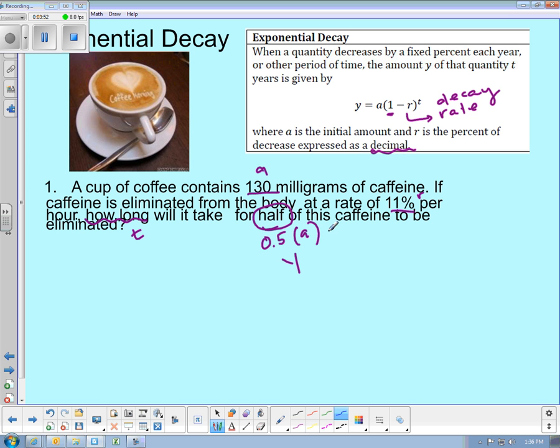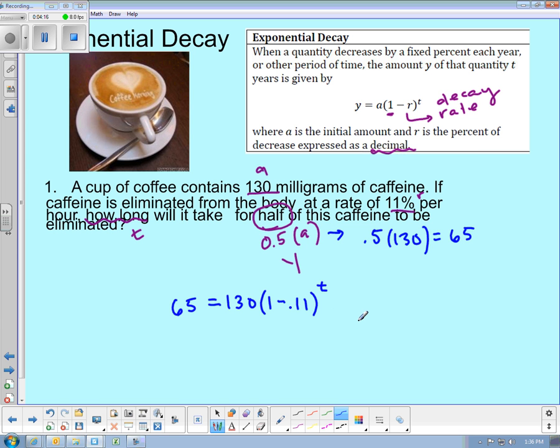This a value was 130, which means that 0.5, or half, of the 130 is 65. So I want to be down to 65 milligrams. I started with 130. I had 100% and I'm subtracting 11% each hour, right? Yes, hours we're looking at. And I'm trying to find the t.